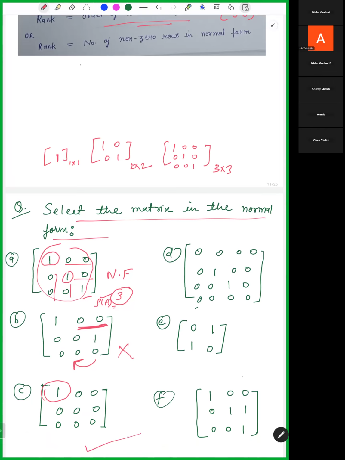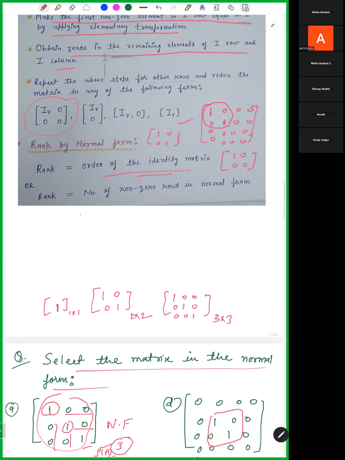Okay. See the matrix D. Is it in normal form? Now you have an identity matrix here, but it is not in this form. See here. It must be either at the top or in the left, or like this or like this.